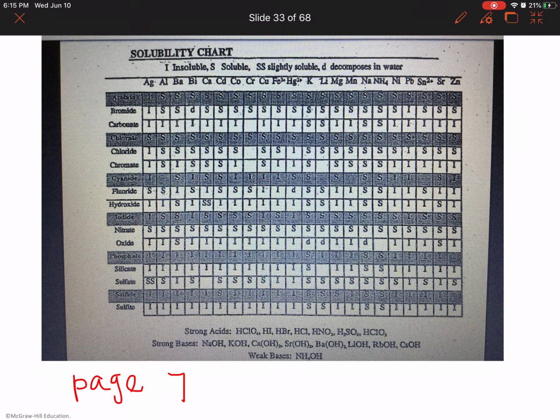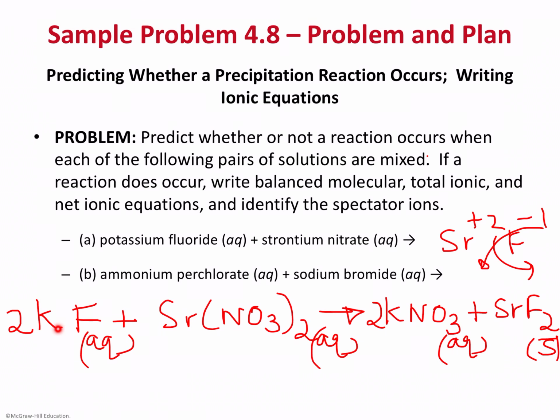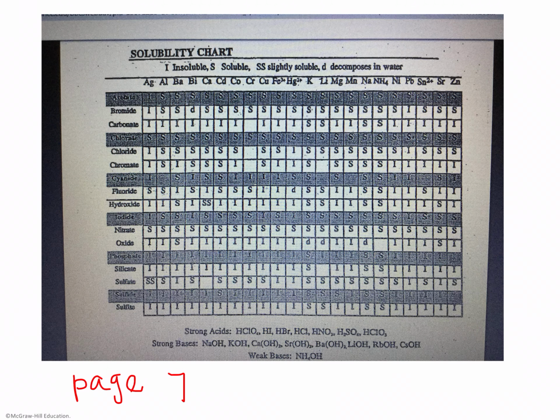Our first reactant, potassium fluoride. So you're going to refer to potassium. This is potassium and fluoride is right here. So you go across potassium and fluoride. You see here, in this chart, S represents soluble. So if you find it as S, it is soluble in water, that is aq. And then we have strontium nitrate.